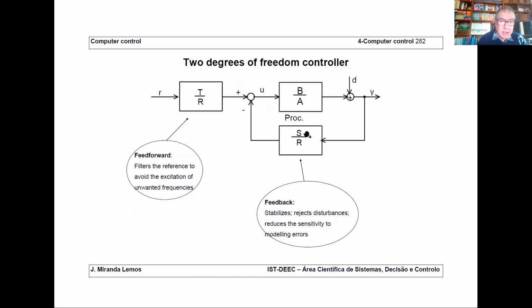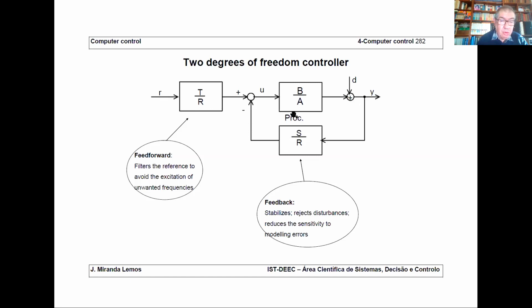Okay, this is the function of S divided by R. It's the classical function of a feedback controller. Now you have this, which is a kind of anticipation block that filters the reference so that you apply not the true reference, but a filtered reference to the system.